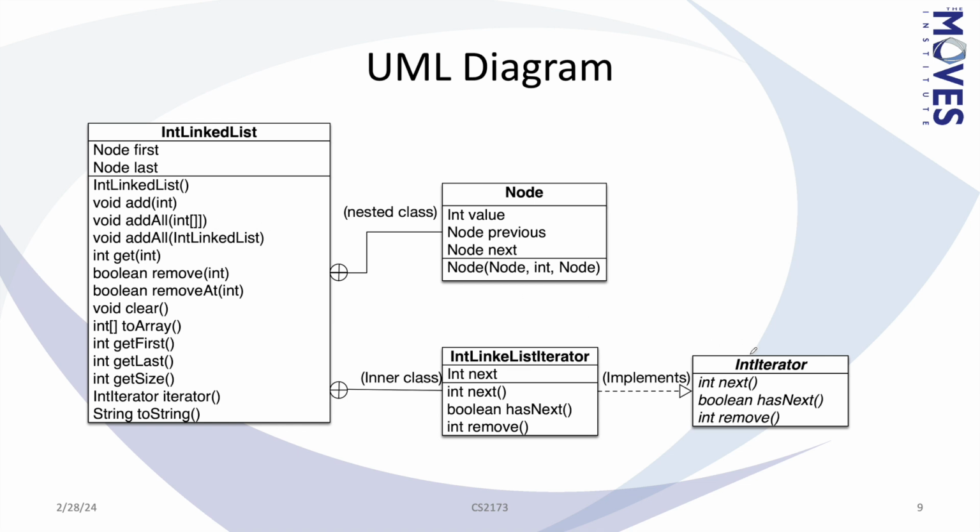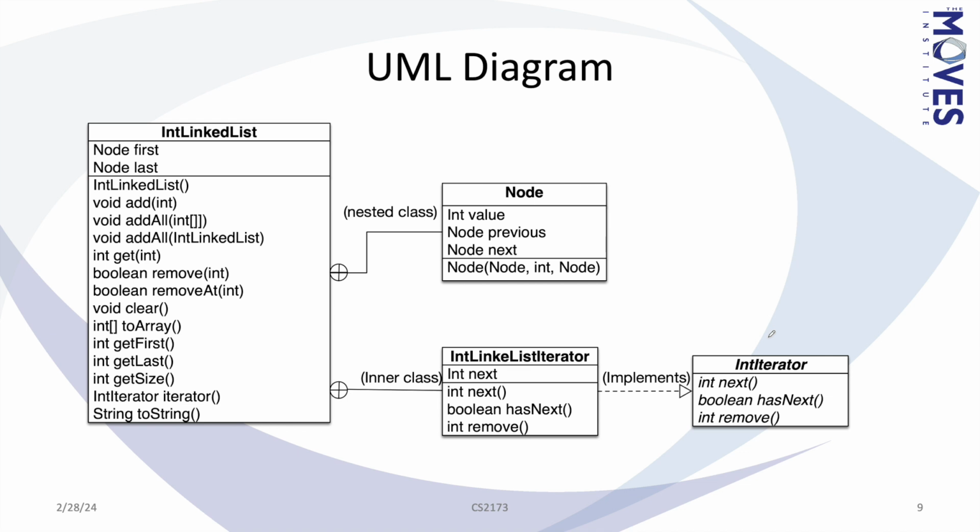Now the other piece of this is the iterator piece. Java has an iterator interface, but the problem with that is that it's generic, which means I can only use it for objects, so I have to write my own interface.